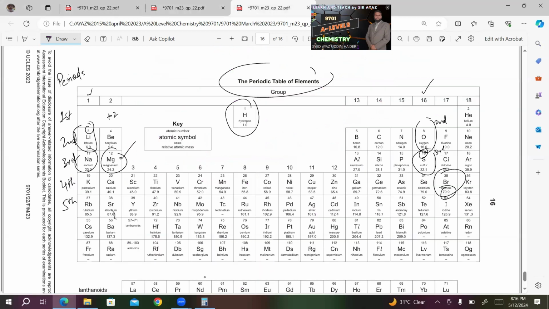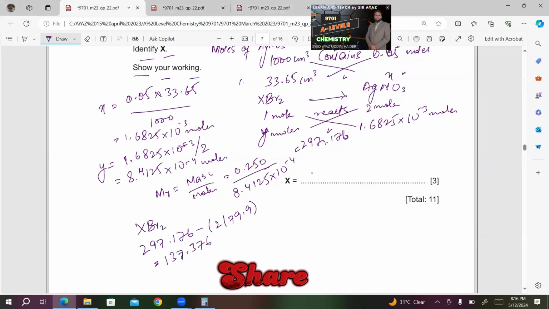Here's group 2. It must be barium, 137.3. So it must be barium.